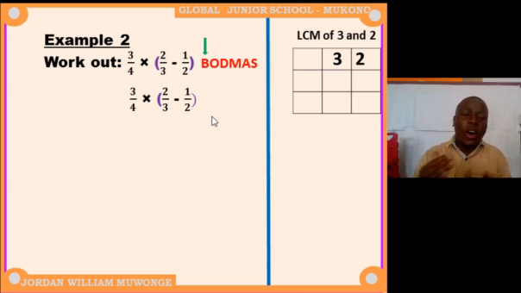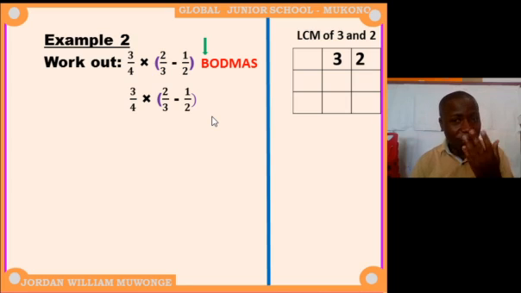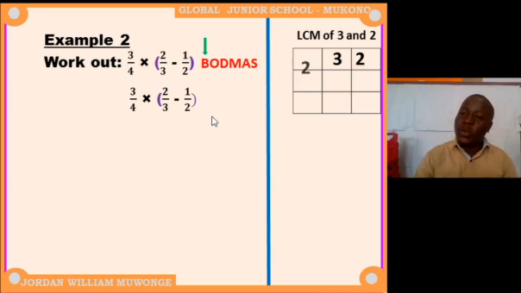Out of all those prime numbers, what is the smallest prime number that can divide either 3 or 2? Someone is ready to share with us. Yes, Joshua. 2. Thank you so much. The smallest prime number that can divide either 3 or 2 is 2.